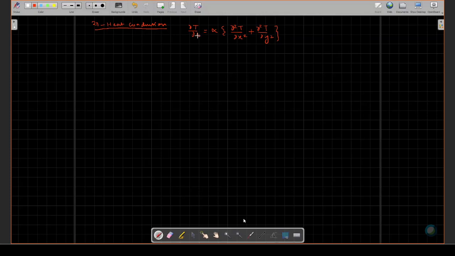For this case, we have seen what the truncation order is and what the stability criteria are.